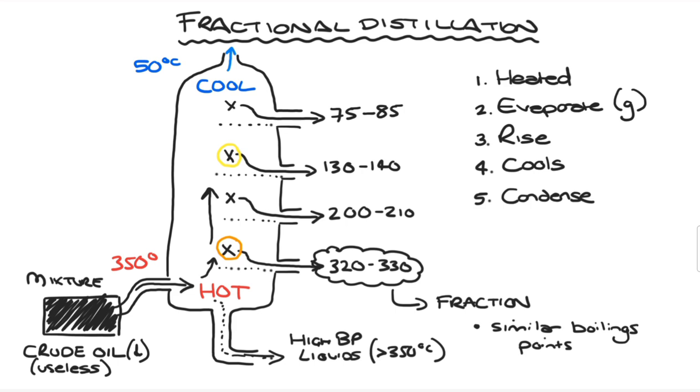What we need to look at is the types of molecules which will come off in each of the fractions, and whether there are trends we'd expect to see in terms of the structure, the types of compounds, and subsequently the physical properties that each fraction will have.